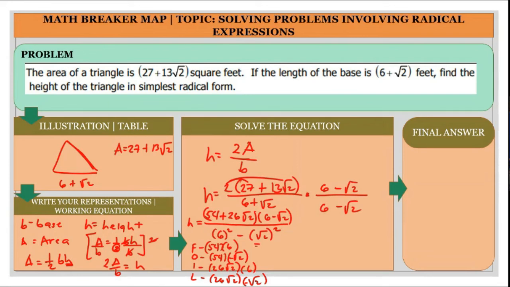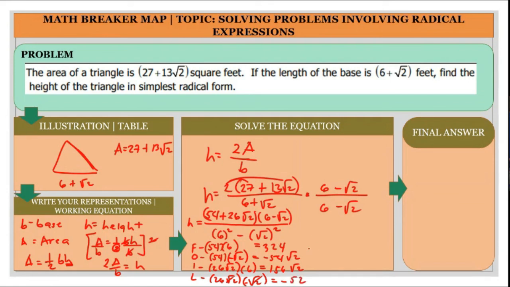So it will now become 54 times 6, which is 324, and negative 54 square root of 2. This will become 26 times 6, which is 156 square root of 2, and negative 26 times 2, because square root of 2 times square root of 2 is 2. So now it will be negative 52.